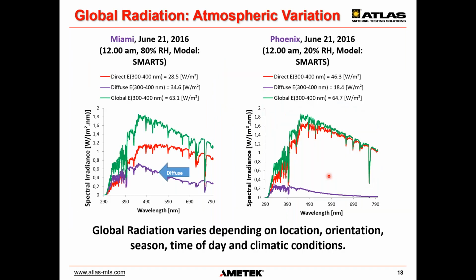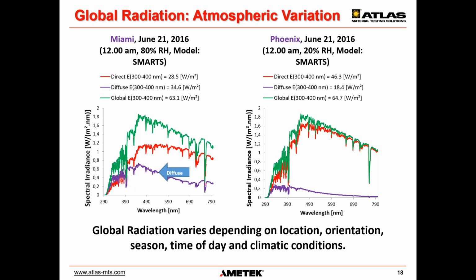And here are two other calculated examples to show you the effect of Rayleigh scattering. In green, we have the global solar radiation, and global radiation is the sum of direct and diffuse radiation. In purple, we have the diffuse radiation, and in red, the direct part. If you have a moist atmosphere, here 80% relative humidity, but still clear conditions, you get a lot of Rayleigh scattering.